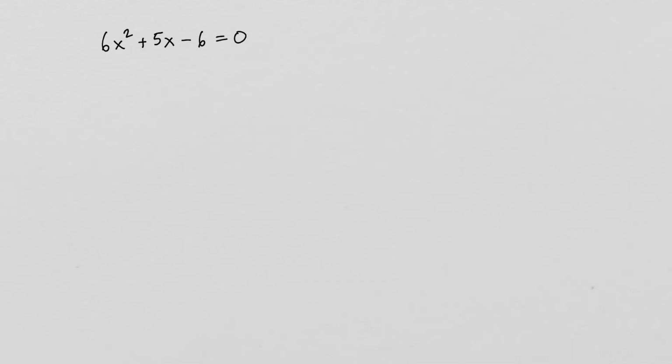So let's redo this problem real quick, just showing you how factoring will work. So I could factor this by multiplying those two numbers together. So 6 times negative 6 is negative 36. And of course we have 5 in the middle. And now the two numbers that I can multiply to get negative 36 and add to get positive 5 are positive 9 and negative 4.